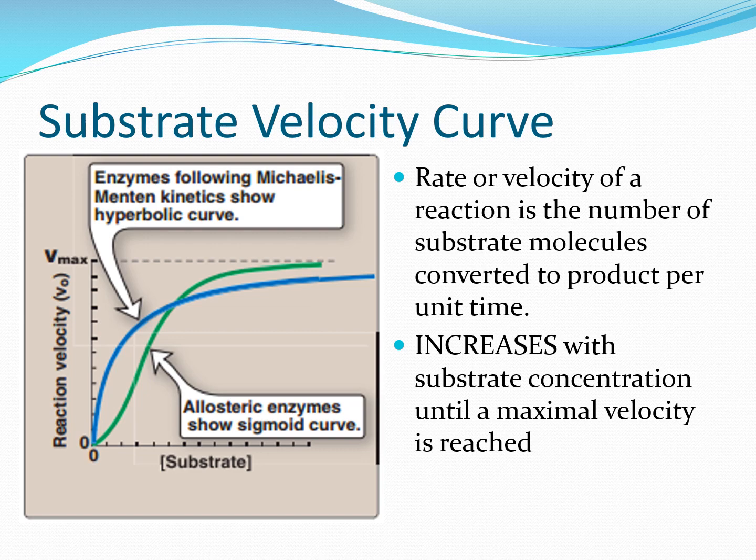So this would be the substrate velocity curve. The rate or velocity of a reaction is the number of substrate molecules converted to product per unit time. This increases with substrate concentration until a maximal velocity is reached. So in theory, the more substrate that you add, the faster the reaction will proceed.